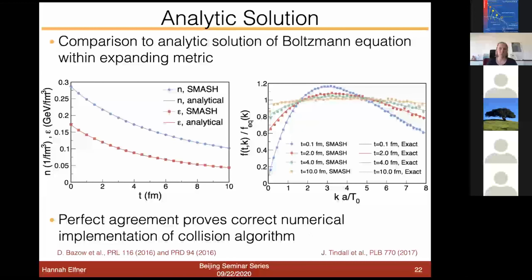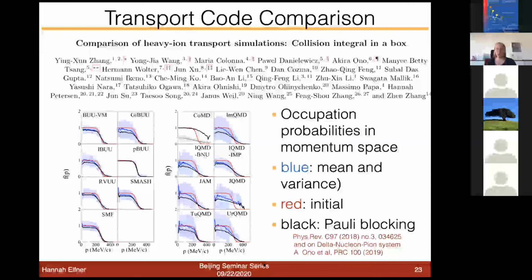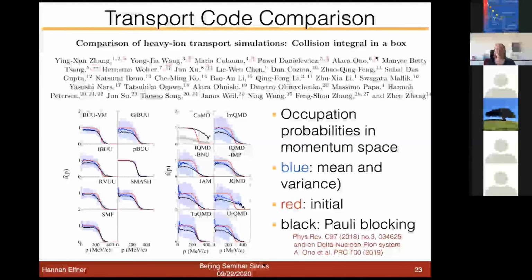Then there is a more extensive comparison effort between different transport codes, mainly applied at really low beam energies. And this is one paper that has been recently put together, but there's another one even now on the delta nucleon pion system. So this is a continuing effort since a few years, and we joined it as soon as our approach was able to compete with the features.